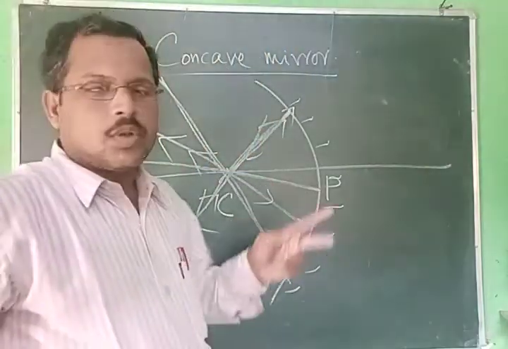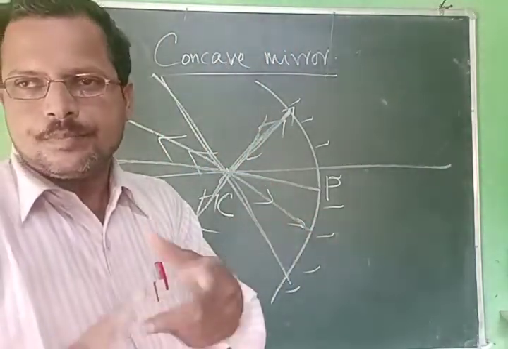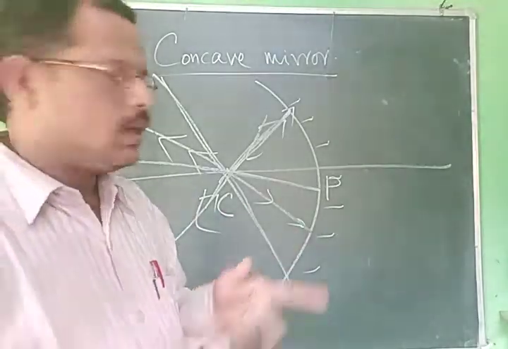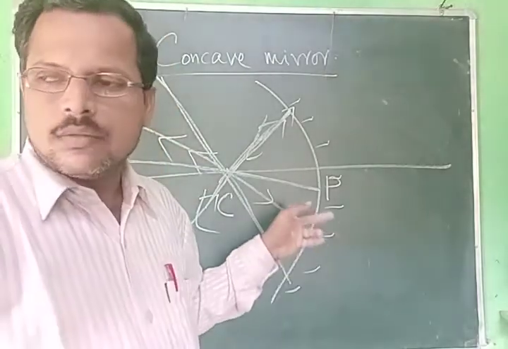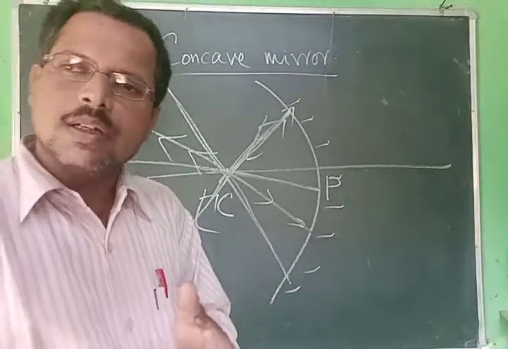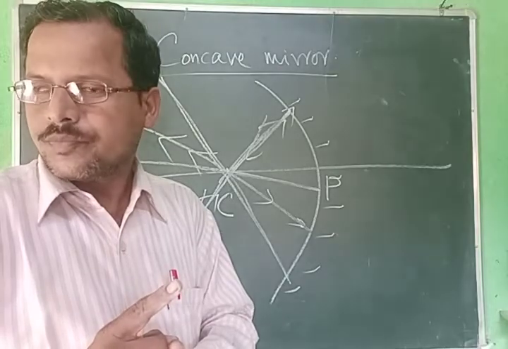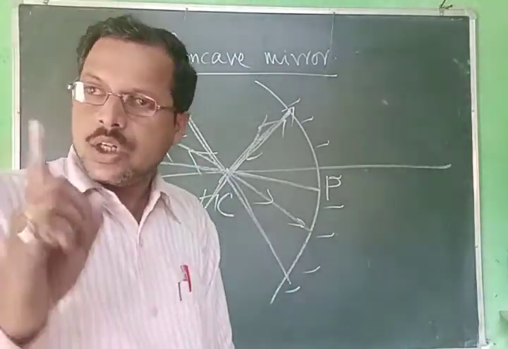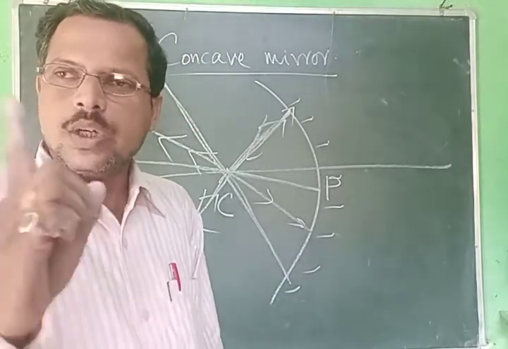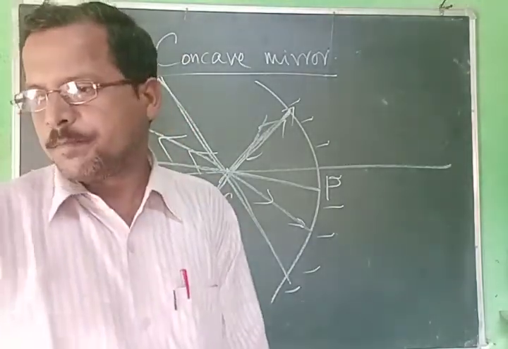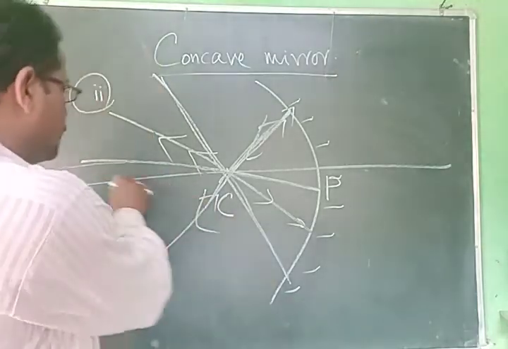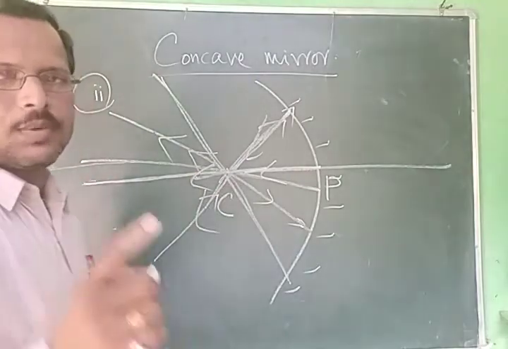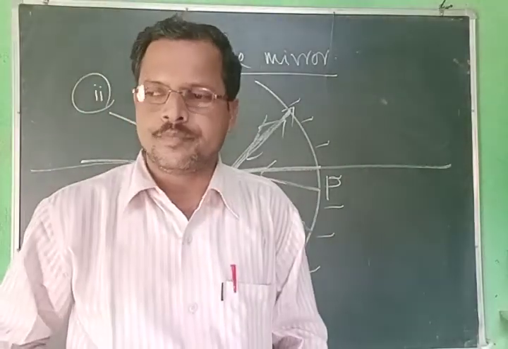And from these 2 points: parallel lines reflect through the principal focus, and a line coming through the center of curvature gets back through the center of curvature. That means the important point: the rays coming through the principal axis will get back through the principal axis. Okay, next point.